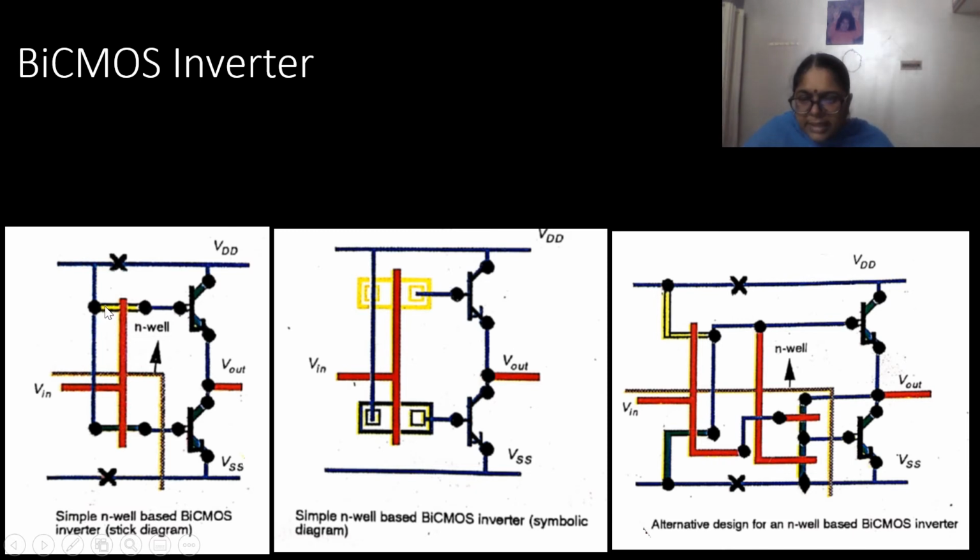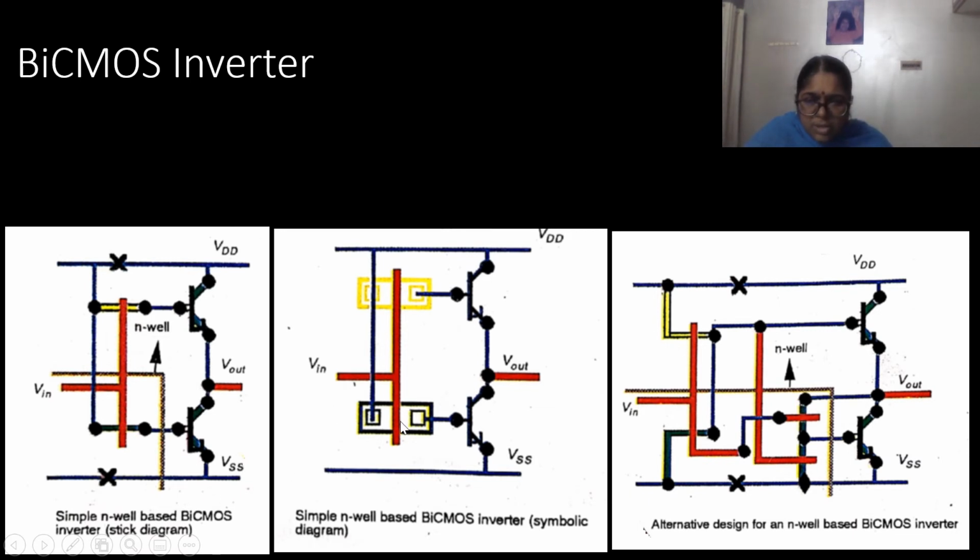You can see that P diffusion and poly cut each other to form a PMOS transistor. N diffusion and poly cut each other to form an NMOS transistor. This part is the CMOS inverter circuit, and that is connected to two bipolar transistors in this fashion, indicating that it is a BiCMOS inverter circuit.